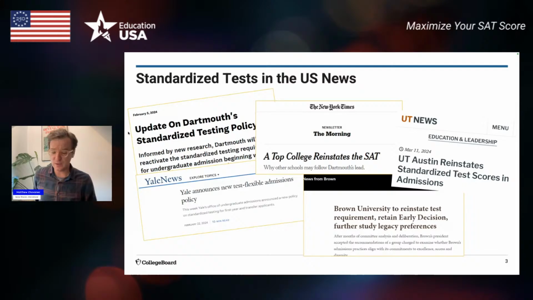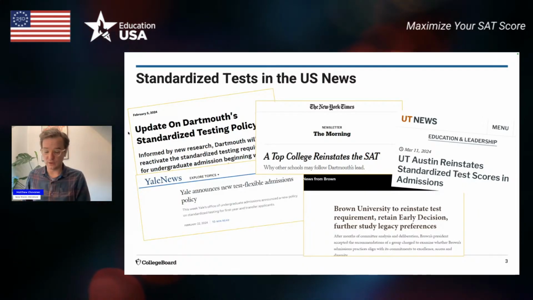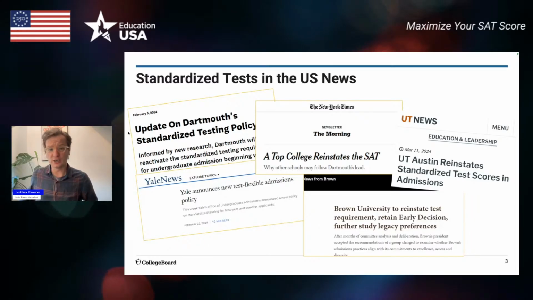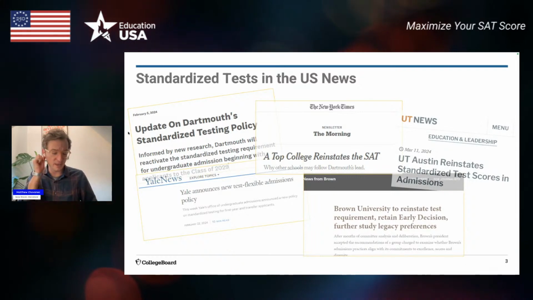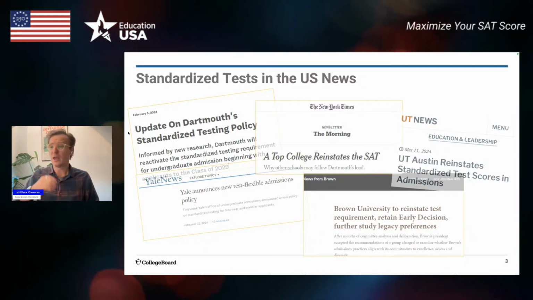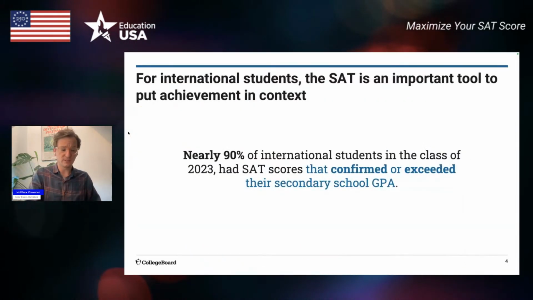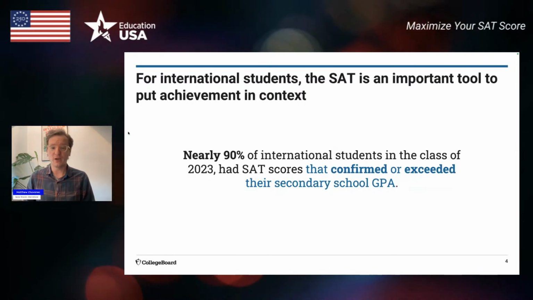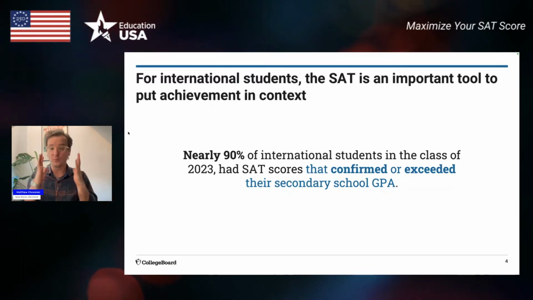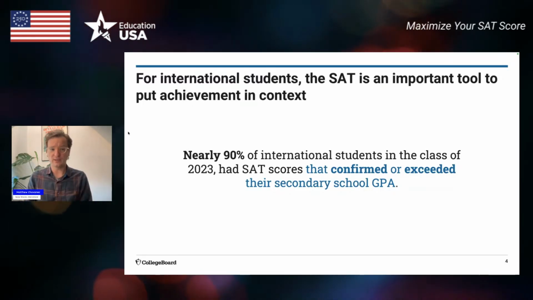So it's increasingly become a very important central tool for universities to judge students coming to the university, which also makes it more fair for you living outside of the United States. Even if you don't have all of the resources, awareness and background that students in the United States might have, you have a clear signal that you are prepared for university based on your SAT score.